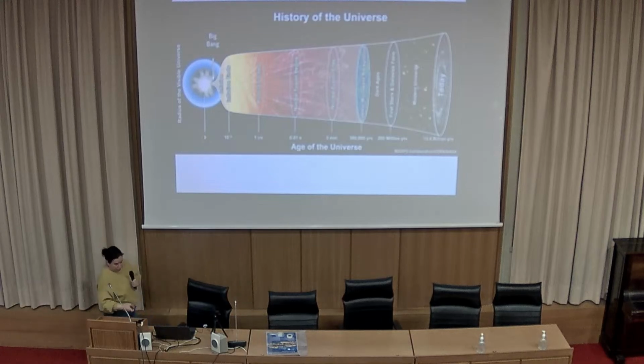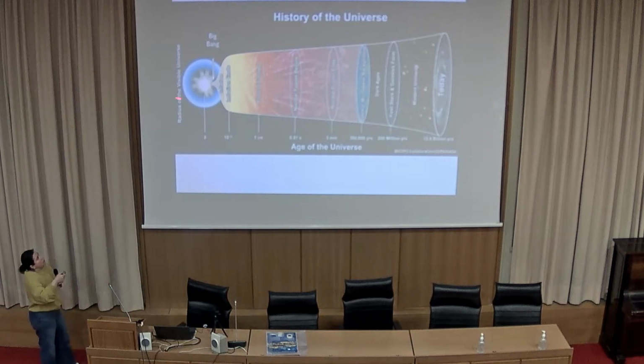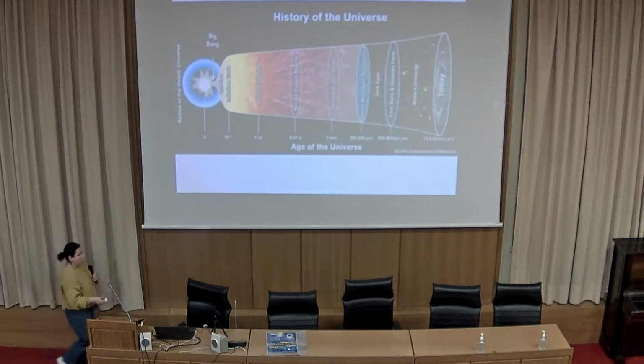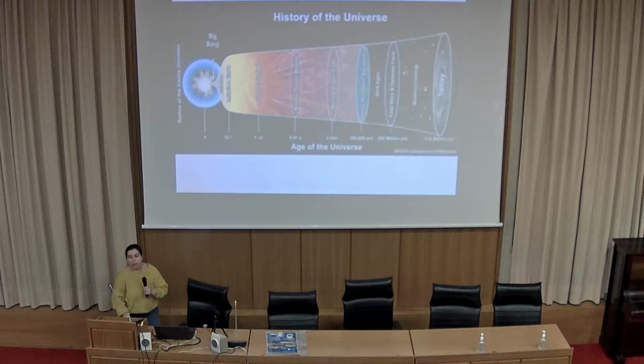Now, this is a picture that shows what we know to be the standard picture of cosmology. There was a Big Bang, the universe expanded through inflation, it reheated, it was hot, and as it evolved, it became bigger. At the same time, it cooled down.